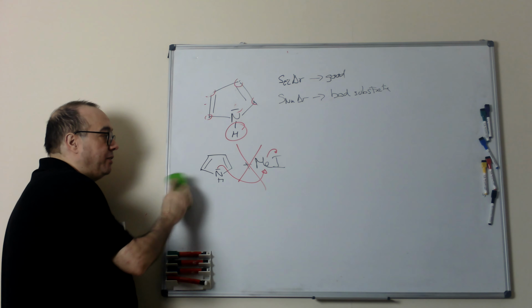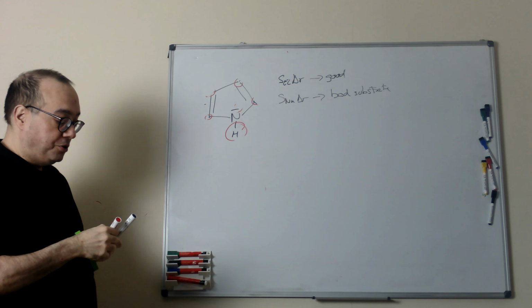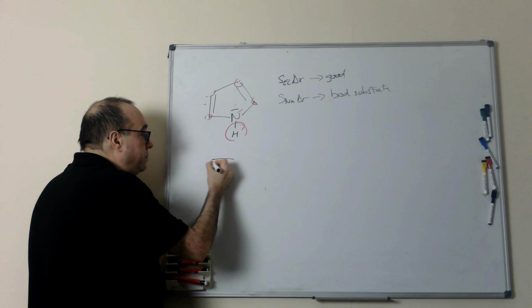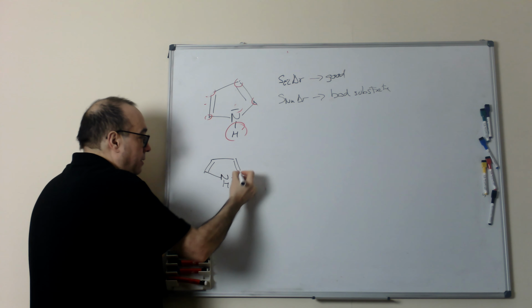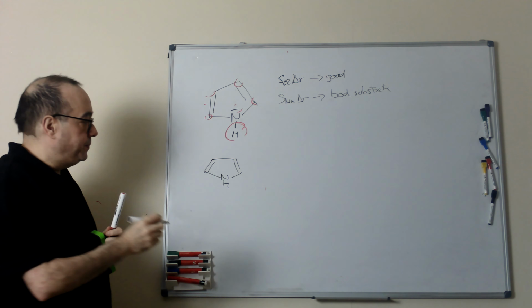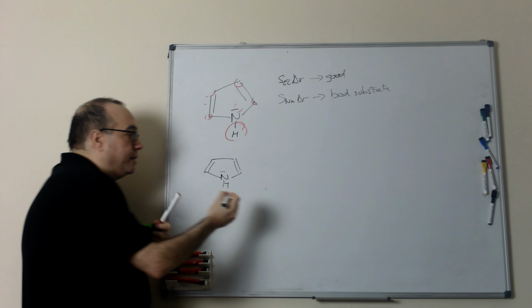What option do we have if this is not possible? Well, if we want to make a substitution on the nitrogen, first we need to remove this hydrogen. How can we do it?